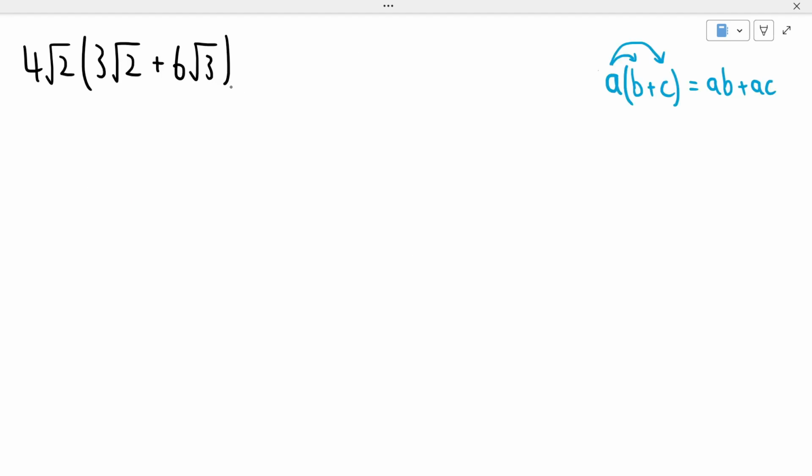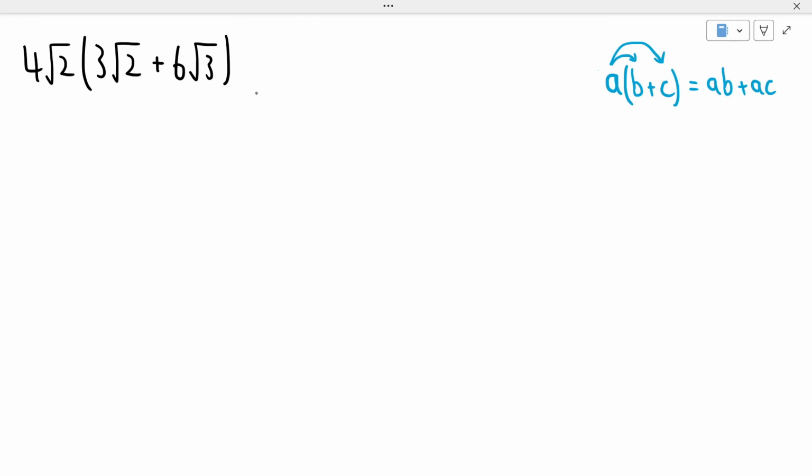So what do we do when we have a product involving brackets? Well, what we need to do is use the distributive property. Recall that the distributive property states that a times parentheses b plus c is equal to ab plus ac, where we get rid of the brackets and do 2 multiplications instead.